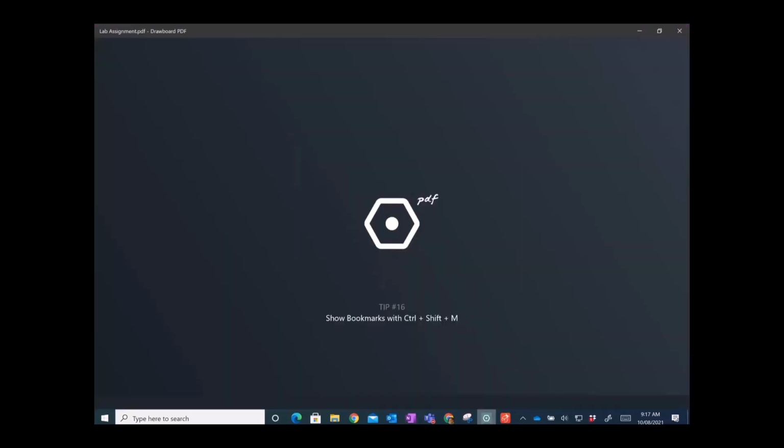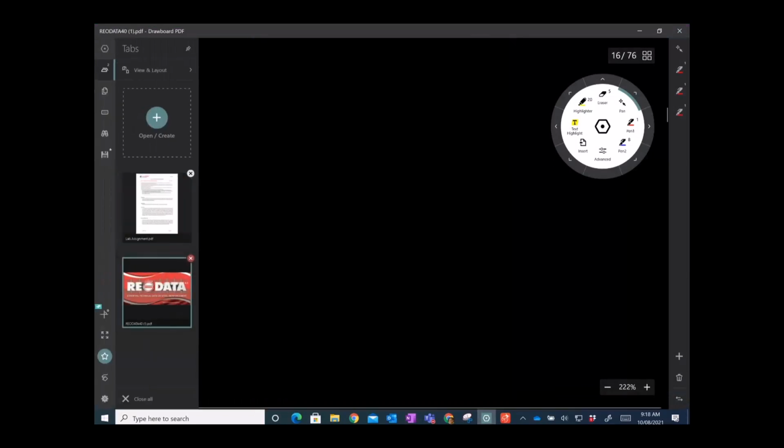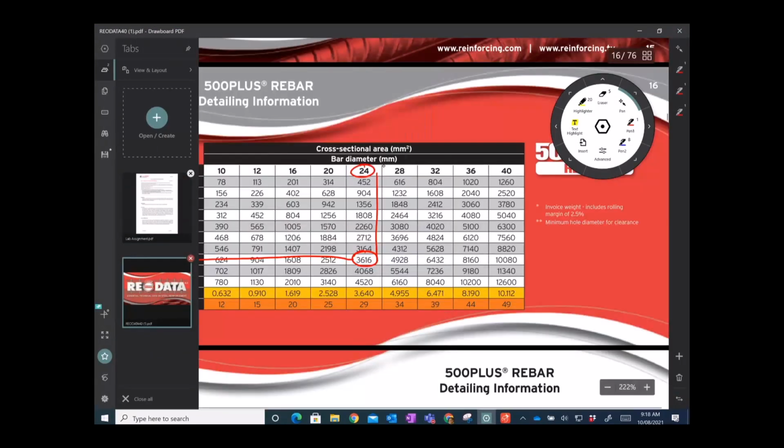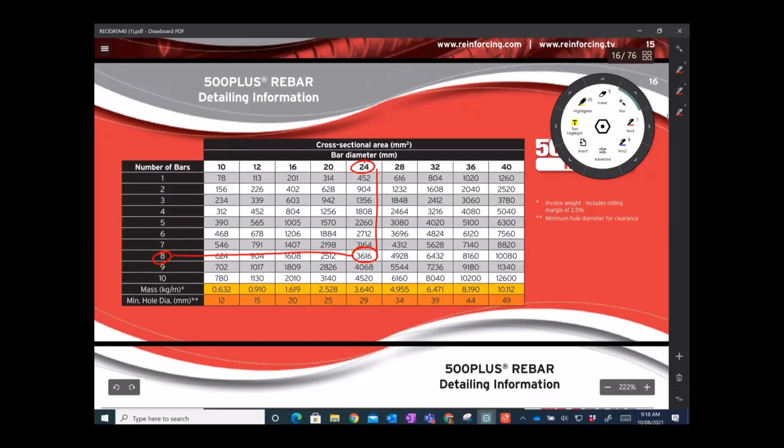Now if you go back to these Rio tables and work it out, for N28 you need 8 bars for 3401? Because we have N24, we have N28.